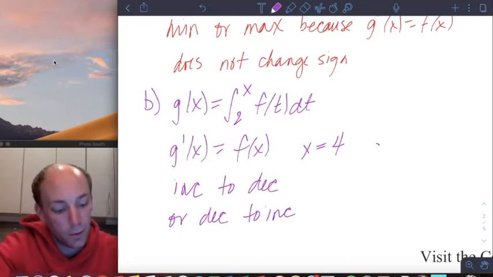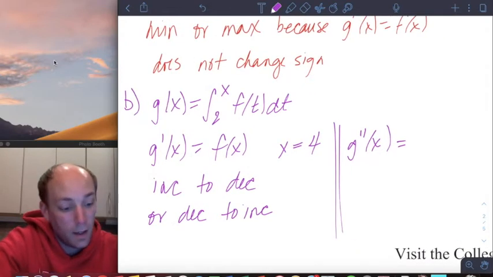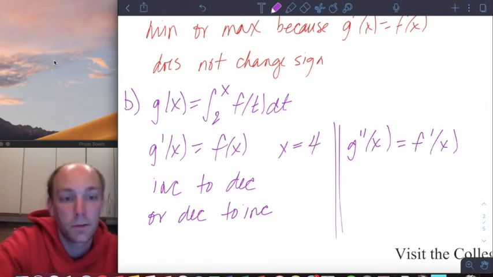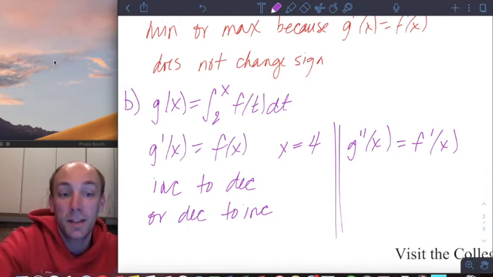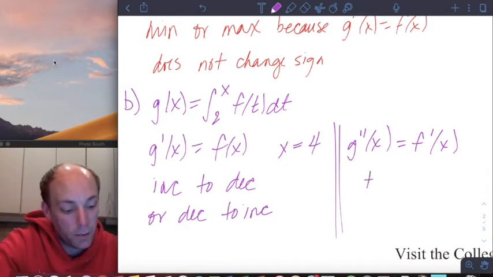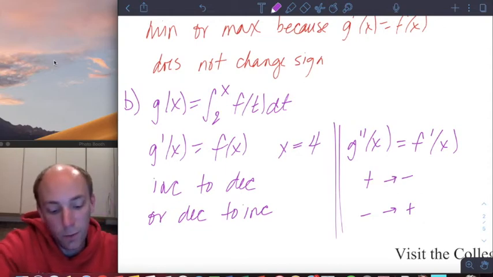For the second derivative, if you wanted to think about it that way, g double prime of x is just take the derivative again, and that's f prime of x, okay? And I would have a point of inflection on the second derivative if I change from positive to negative or negative to positive, okay? But because I'm given the graph of f, I want to go back to what I'm given, right?